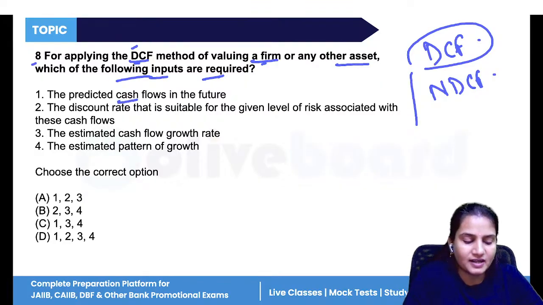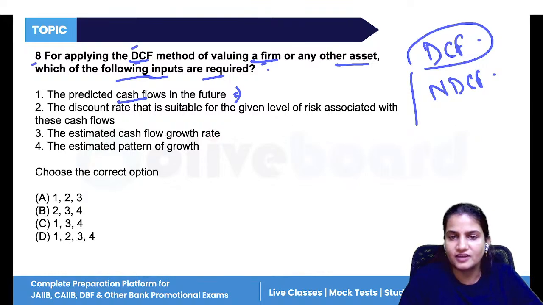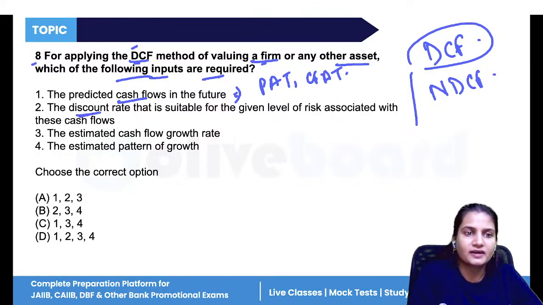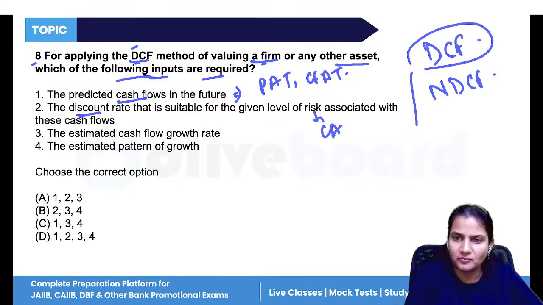You will predict the cash flows in the future, what type of cash flow the company is having. Company is having PAT, company is having CFAT. Then the discounting rate. The discounting rate can be calculated with the help of the Kappa model, with the help of APT theory, with the help of the Gordon formula.